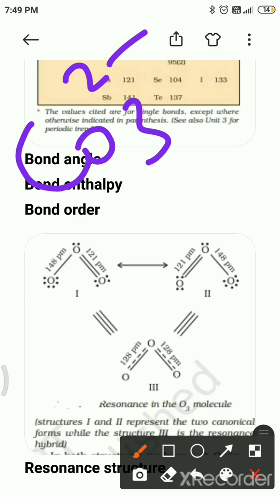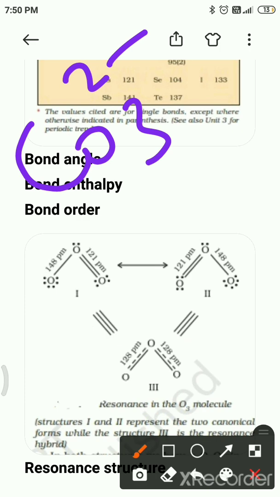See here, the single Lewis structure based on the presence of two single bonds and one double bond between the carbon and oxygen atoms is inadequate to represent the molecule accurately, as it represents unequal bonds. According to the experimental findings, all carbon to oxygen bonds in CO3 2 minus are equivalent. Therefore, the carbonate ion is best described as a resonance hybrid of the canonical forms, structures 1, 2 and 3.